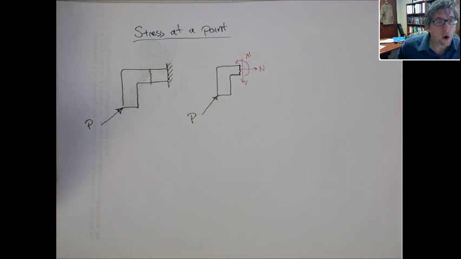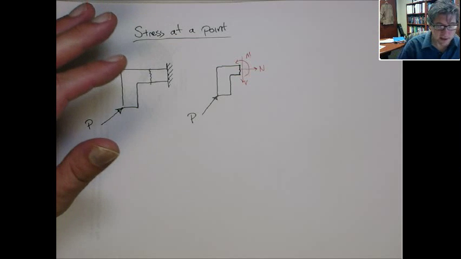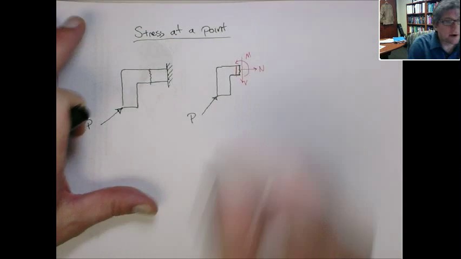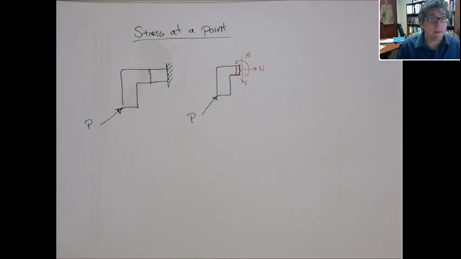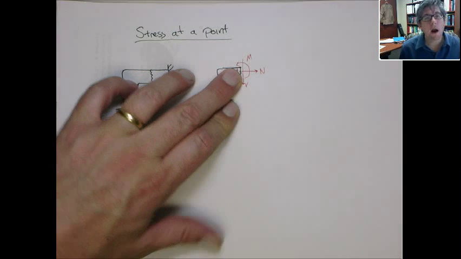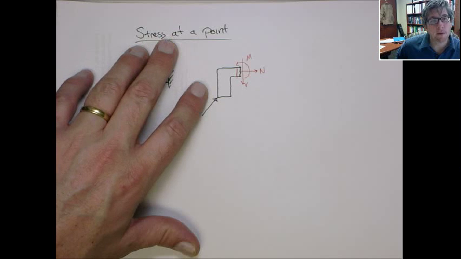It depends only on the equilibrium conditions. So when we do sum of forces, it doesn't matter how thick the component is at this junction. Obviously, as the part gets bigger, it's able to withstand greater loads, so there's a size effect. So these internal forces are not really good quantities to discuss whether the component will fail.